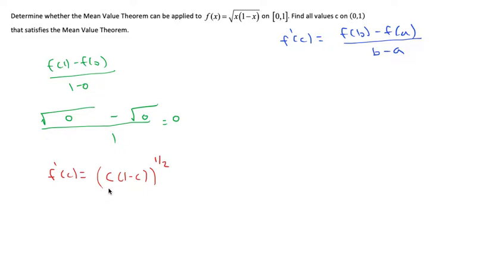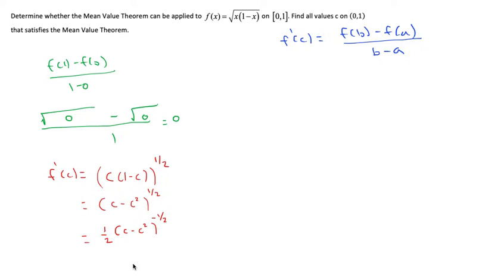Then we can use the power rule along with the chain rule. But notice here, I also want to distribute through the c, so I'll call it c minus c squared. That's going to make it a lot easier, because I don't want to use the product rule on this. This is like a polynomial, so we just take the derivative of each term. We bring down the 1/2, and then it's times c minus c squared to the negative 1/2.